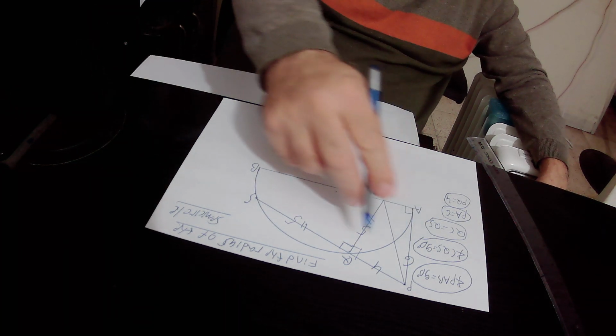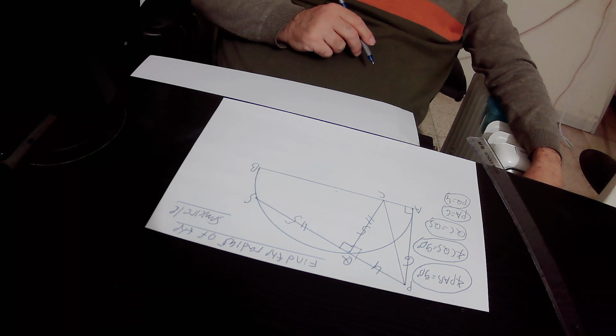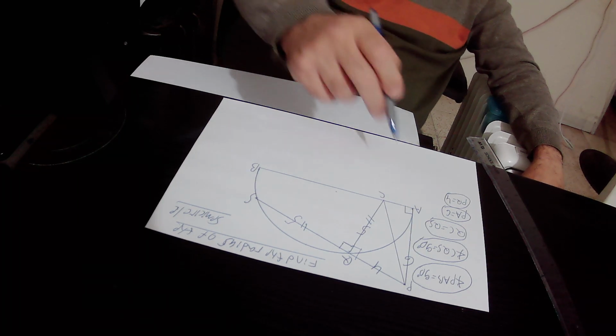Therefore, triangle PQC is a right triangle. So we can actually implement the Pythagoras theorem in the right triangle PQC.